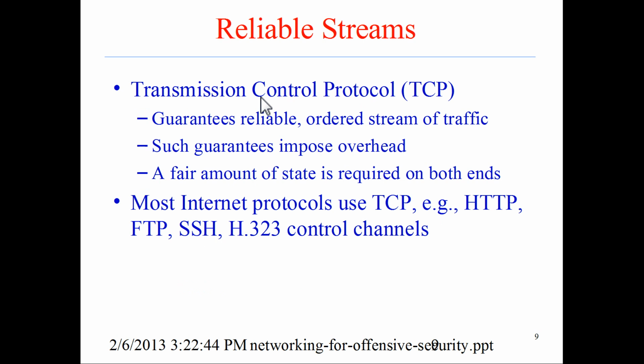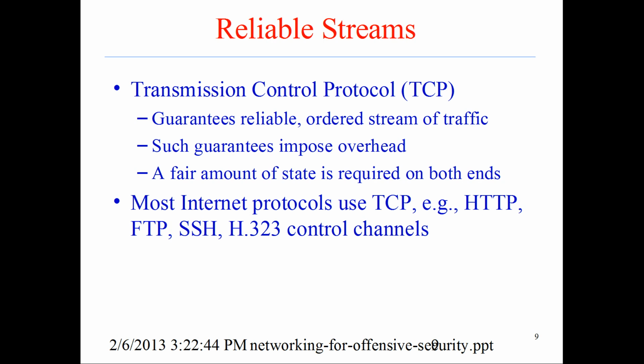But we're getting a little ahead of ourselves. We need to cover TCP and UDP a little bit first in order to cover that material. TCP stands for Transmission Control Protocol and is designed to guarantee reliable and ordered streams of traffic. However, in order to do this, there's error checking, sequence numbers, and retransmission algorithms, and the control provided by TCP imposes overhead.